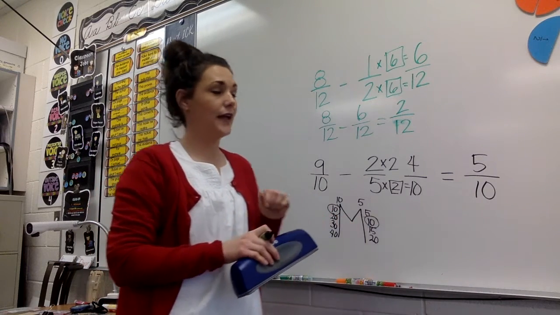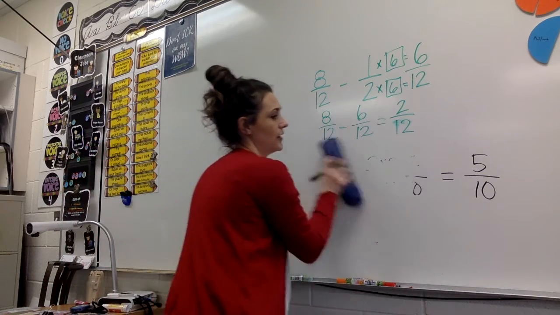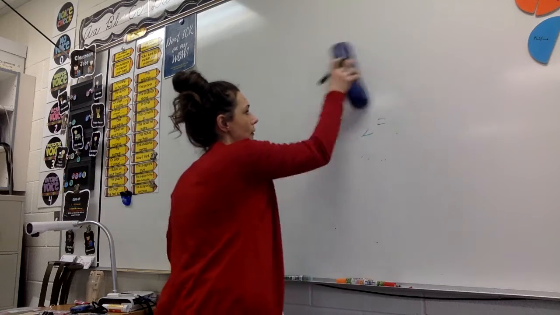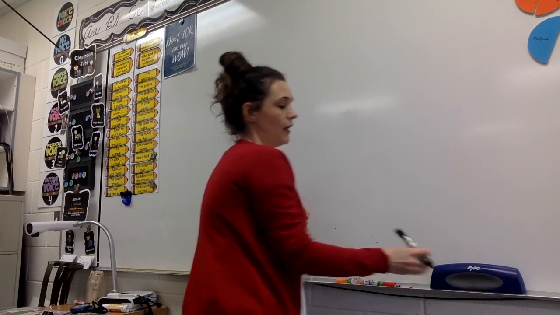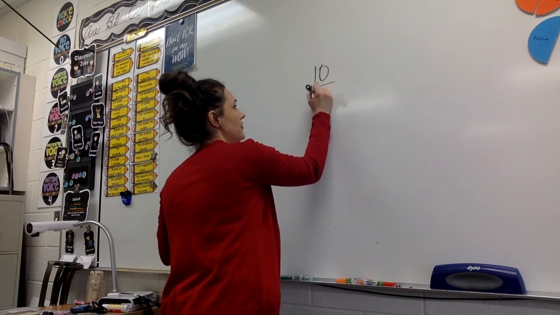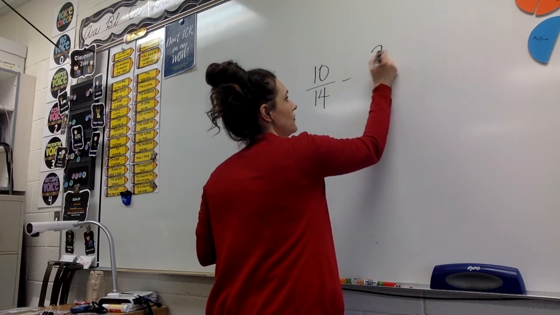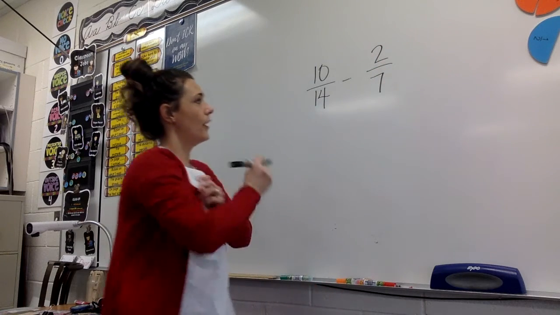Now I want to try it with another uncommon denominator. All right, my uncommon denominator is going to be 10/14 subtract 2/7. Well, let's see.